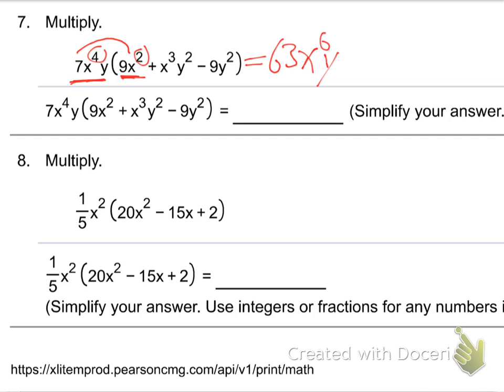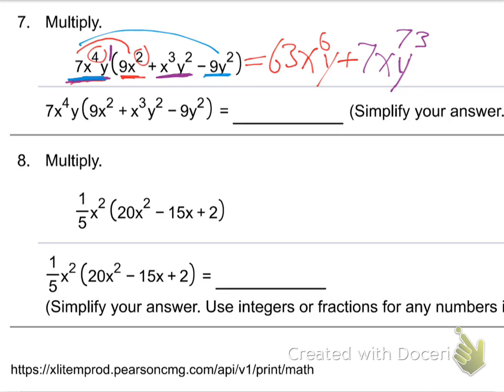Next one, plus. Now the second one is 7x to the 4th y times x cubed y squared. Out front numbers multiply, there's just a 7. Powers on same letters add. So x to the 4th and x cubed is x to the 7. Y, invisible 1, and y squared is y cubed. Good.